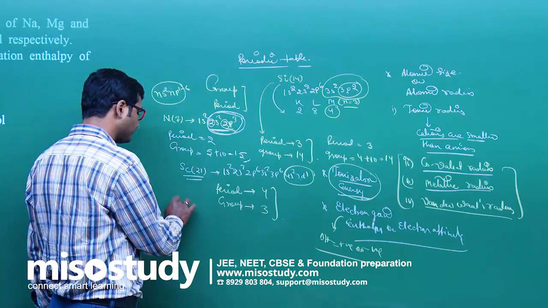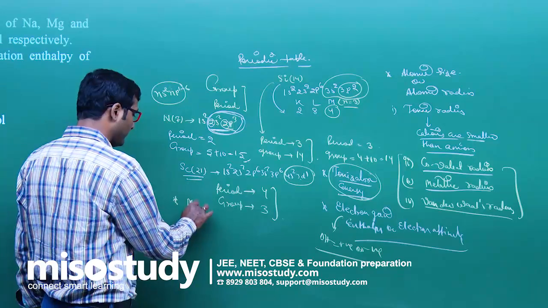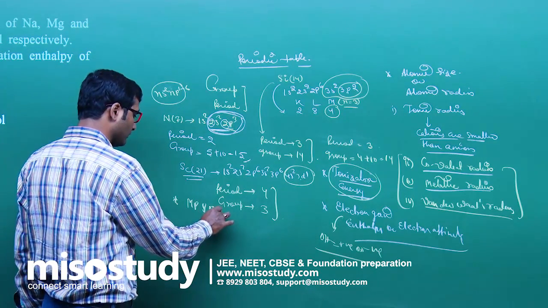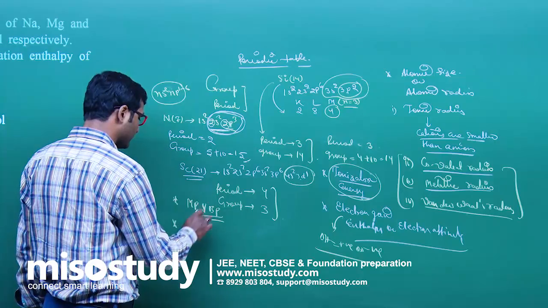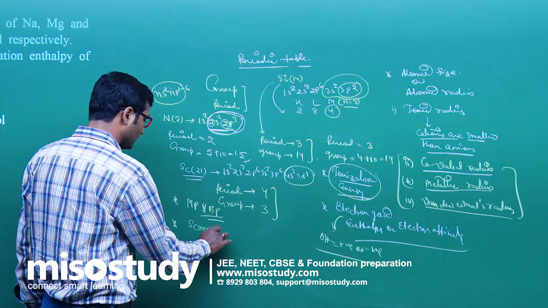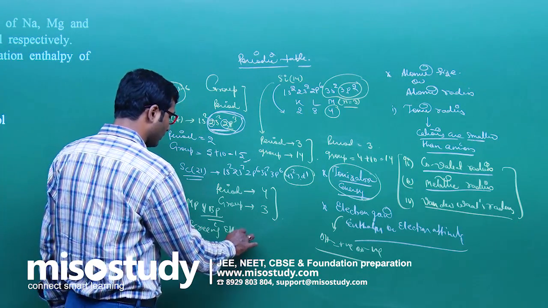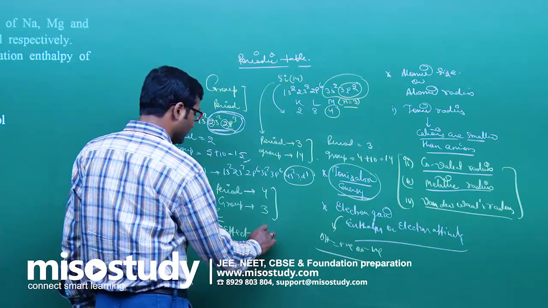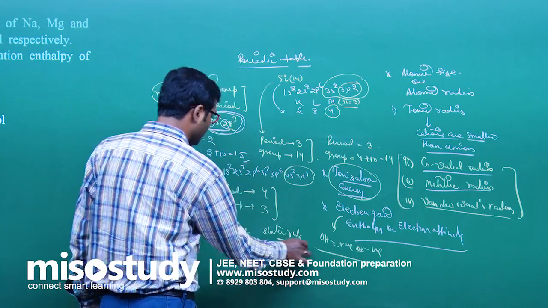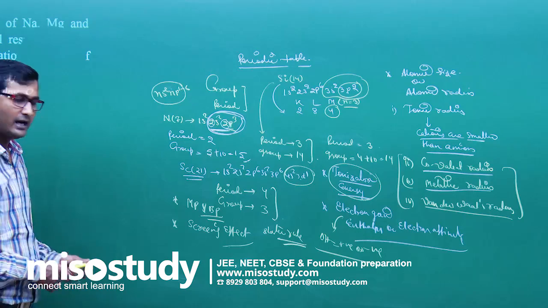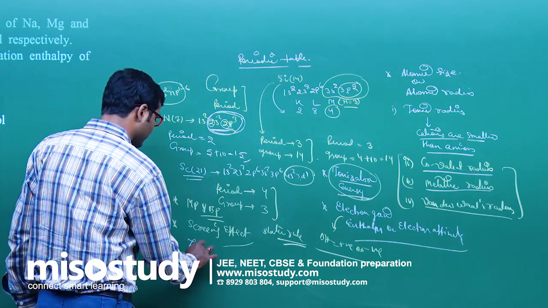Then the next, that is MP, melting point and boiling point variation. Then the shielding effect or screening effect, that is Slater's rule. You have to follow Slater's rules and you can find the value of effective nuclear charge.